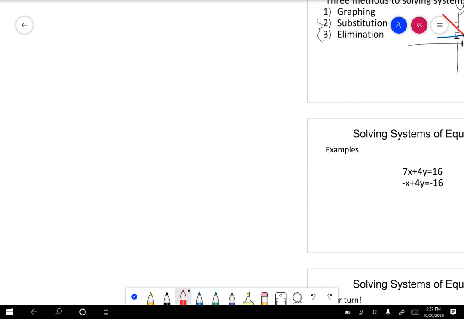I'm going to rewrite them in different colors too. Okay. So we have our system of equations. We know it's a system because they both have x's and y's, so we could graph them on the same plane. We're going to follow the steps from the other page.